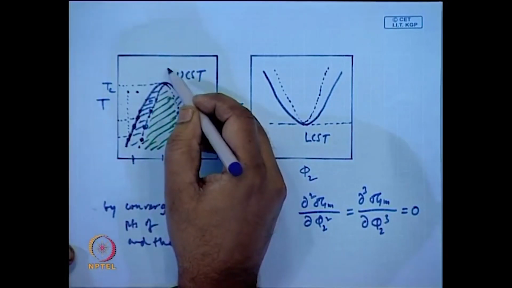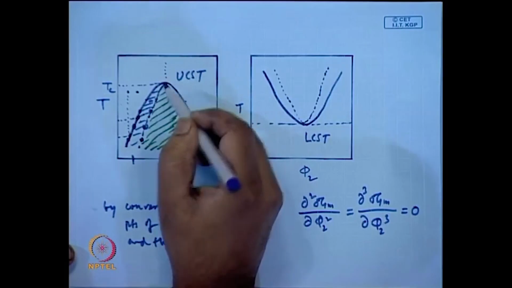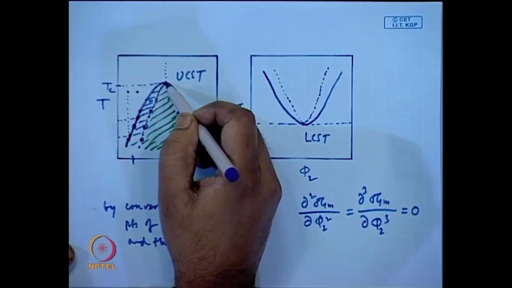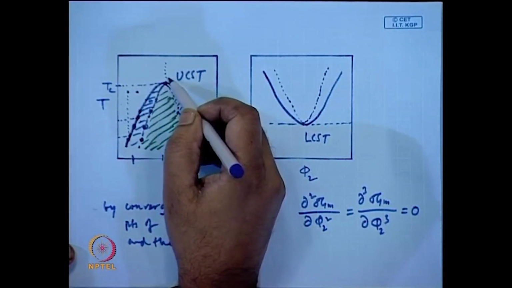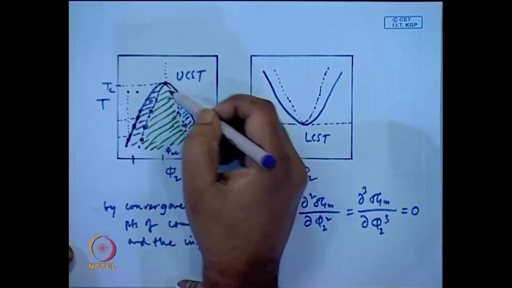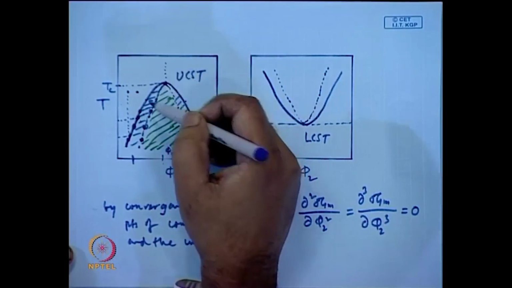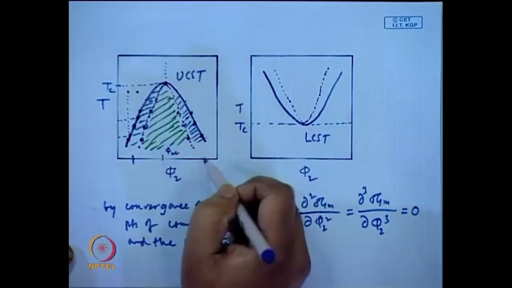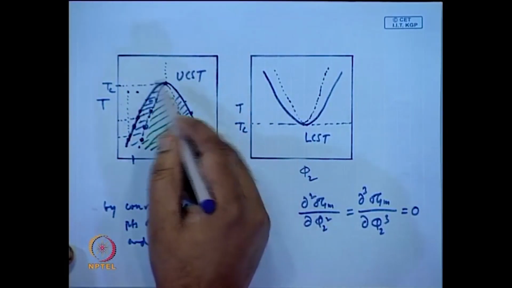Whereas for this composition, at the critical temperature it will start forming two phases, or the polymer becomes insoluble. Above this temperature, for any composition they are insoluble.